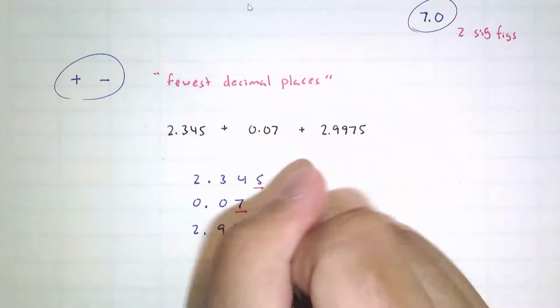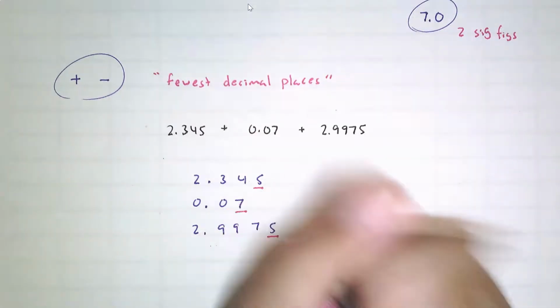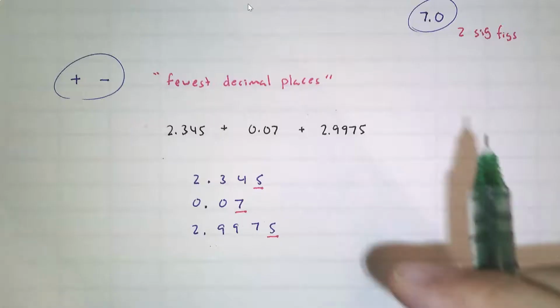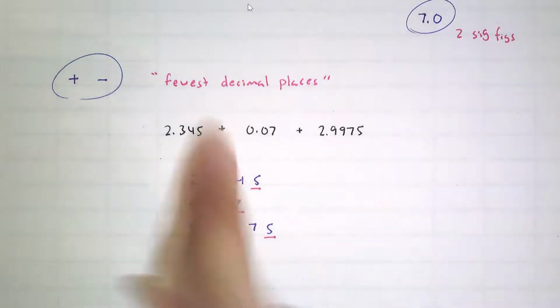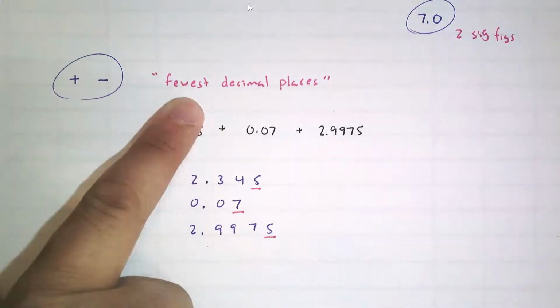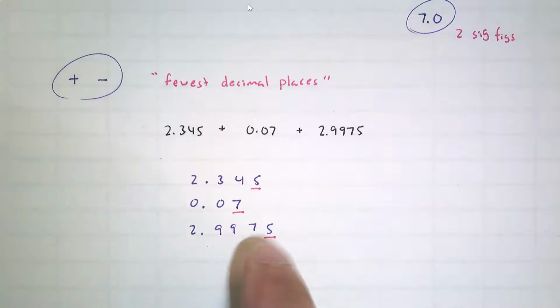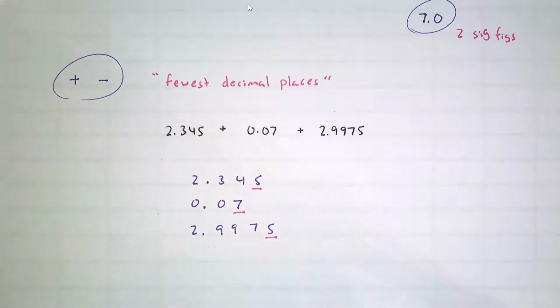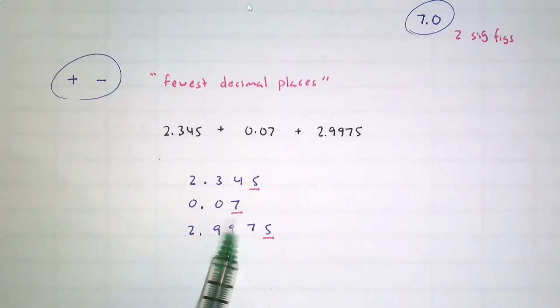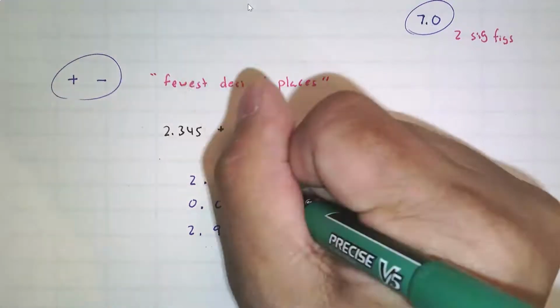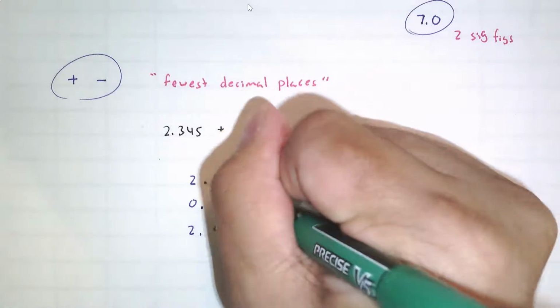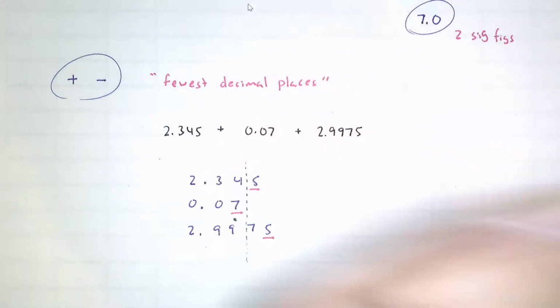there, and there. And your answer is going to be based on the number that has the fewest decimal places, or the number that goes least to the right. So that's this value here, 0.07. It stops at the 100th place. All the other numbers also have a digit in the 100th place.